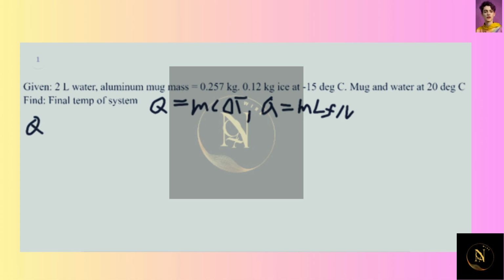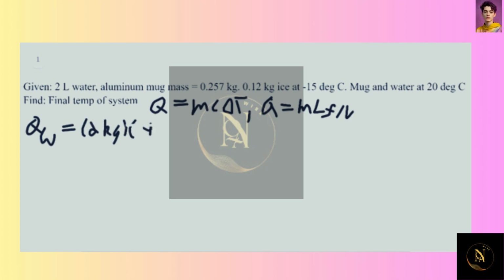So Q of W equals, water is not changing phase, so it's just going to be MC delta T. So we have 2 liters of water. We know that 1 liter is equal to 1 kilogram in mass, so that's 2 kilograms.